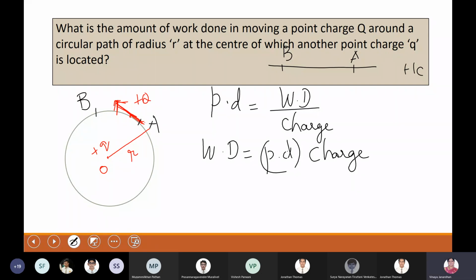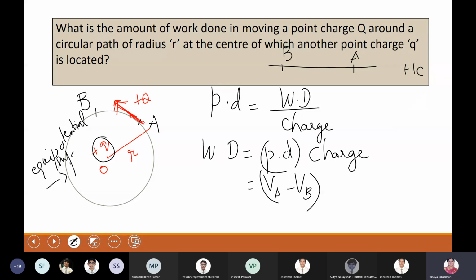See, the circular path is an equipotential surface because it's a point charge. For a point charge, a spherical surface becomes an equipotential surface. Are you clear, boys? Then the potential at A will be equal to the potential at B. So this is VA minus VB into the charge which is moving.